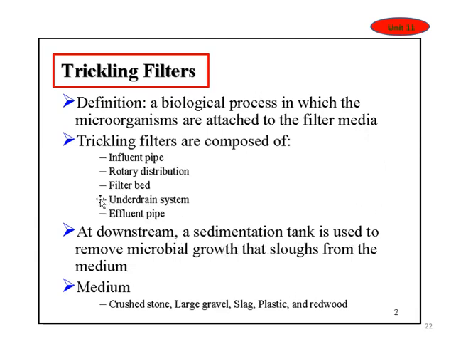There is a filter bed underdrain system, from where the wastewater comes out of the trickling filter tank, and an effluent pipe from where the wastewater goes out. At the downstream we put a sedimentation tank, to remove the remaining microorganisms from the wastewater. The medium we use could be stone, gravel, slag, plastic or redwood; many materials can be used.